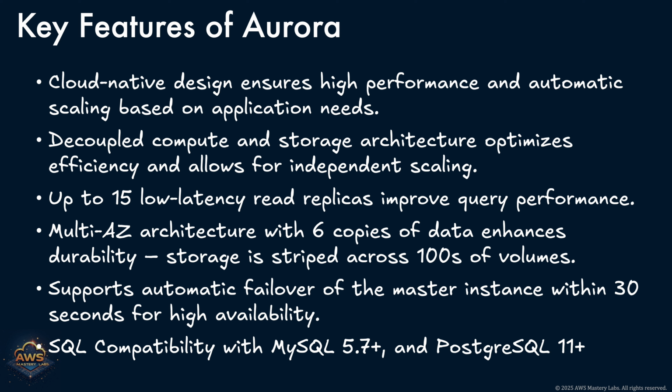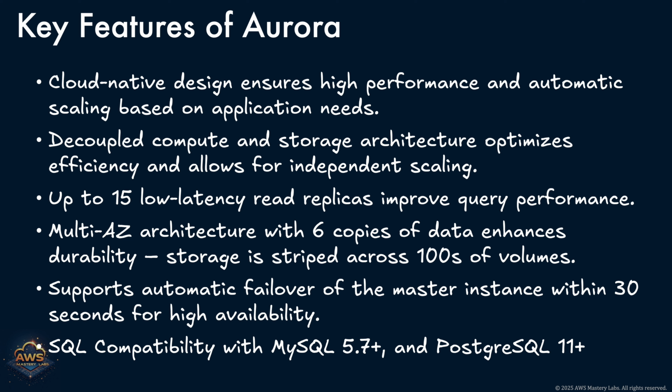Aurora automatically replicates your data across multiple availability zones within a region, which means that your database is resilient to infrastructure failures, zonal outages, and hardware issues, without requiring complex configuration or third-party tools. This architecture ensures high availability, fault tolerance, and rapid recovery from failures, making it an ideal choice for applications where downtime simply isn't an option.